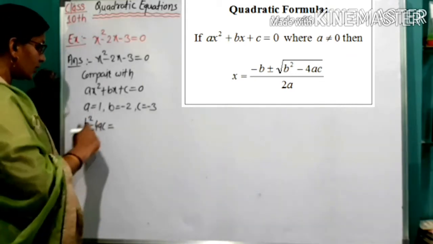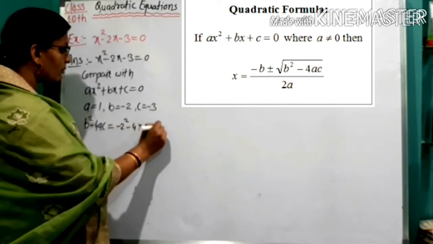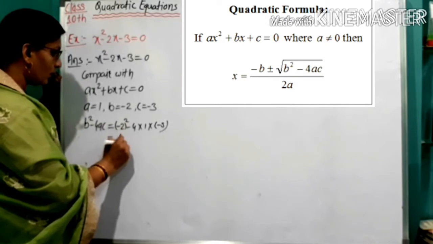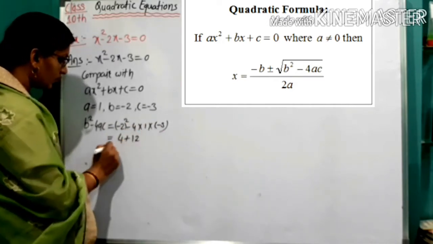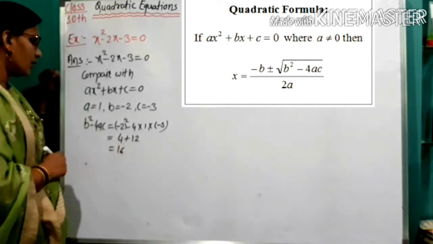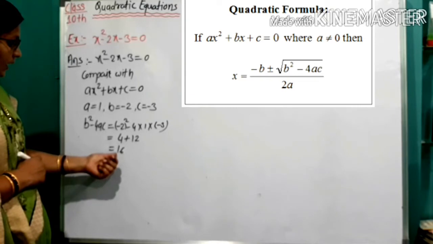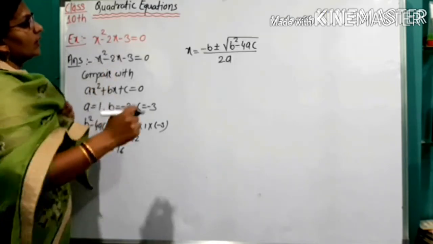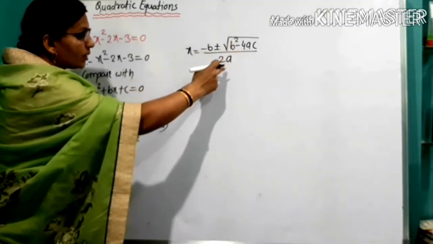Then put the values: minus 2 square minus 4 into 1 into minus 3. We have minus 2 square is 4, minus minus plus 4 into 3, 12, equal to 16. Therefore, the value of b square minus 4ac is 16. Then by formula method, x equal to minus b plus or minus root b square minus 4ac upon 2a.